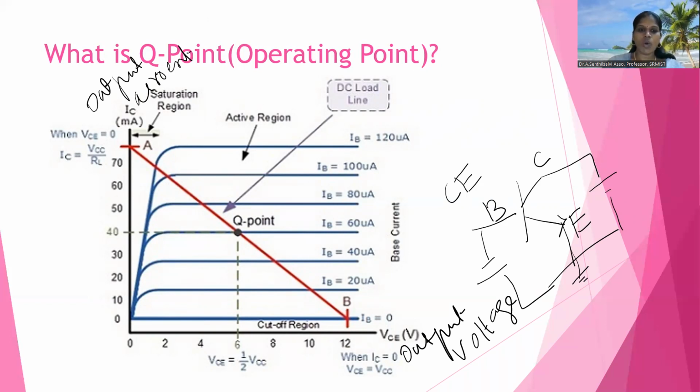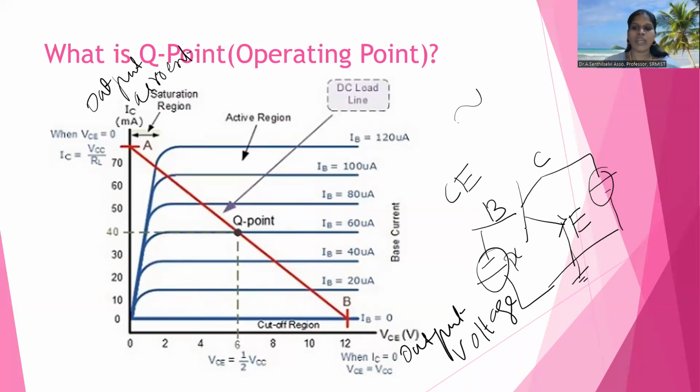To draw the load line, this red color line is called a DC load line. It means that without giving any input signal, that alternating signal is the input, and this is a bias voltage, we can draw the load line. This is a direct current voltage, so it is called a DC load line.